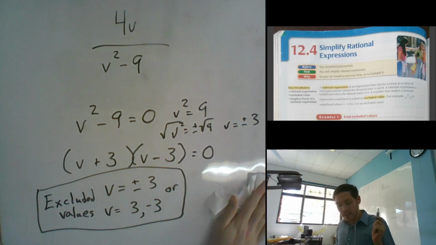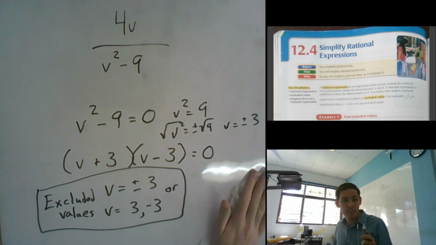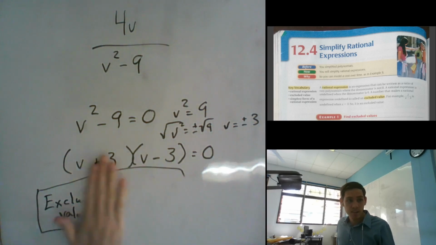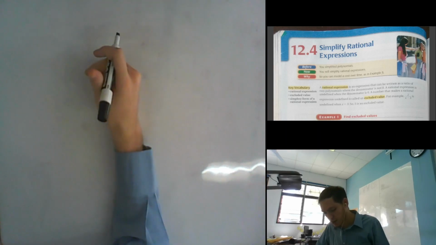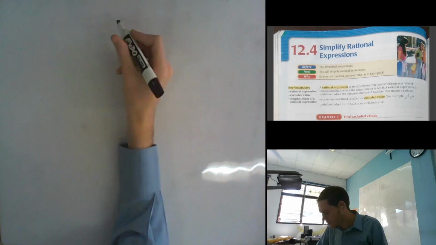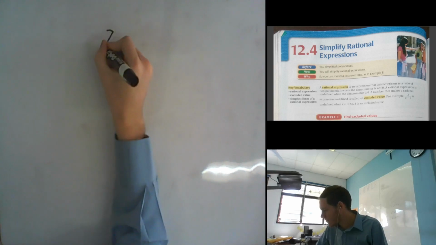So that is finding excluded values. You mean square root of both sides to the beginning equation? Yeah.